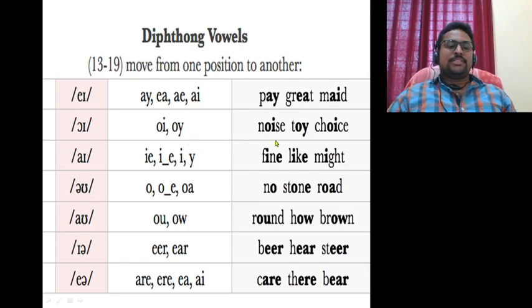OE sound as in noise, toy, choice, boil, coil, right? Coin. This is not kind, it has to be coin. This sound has to be coin.